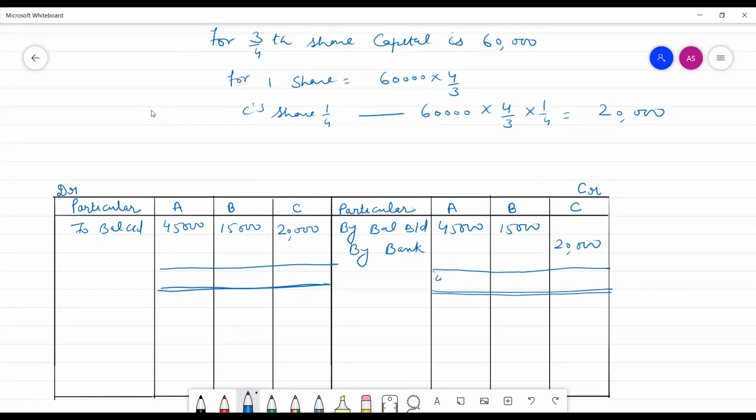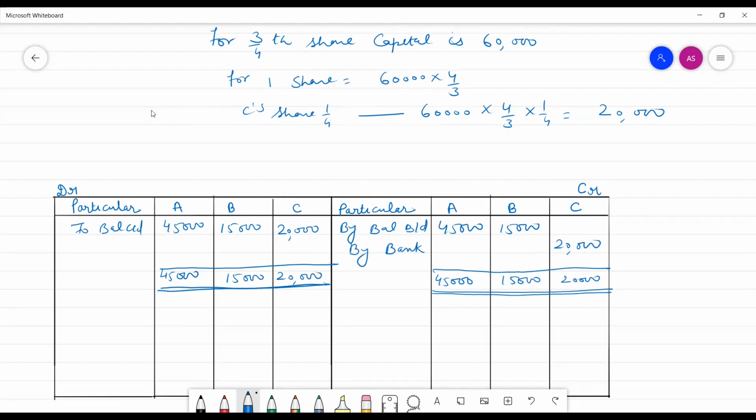Total of A's capital is 45,000, B's capital is 15,000 and C's capital is 20,000. On the debit side also 45,000, 15,000 and 20,000.